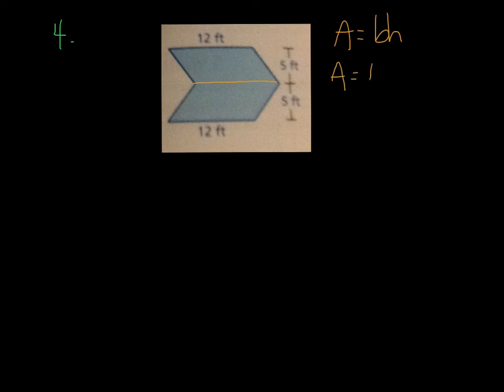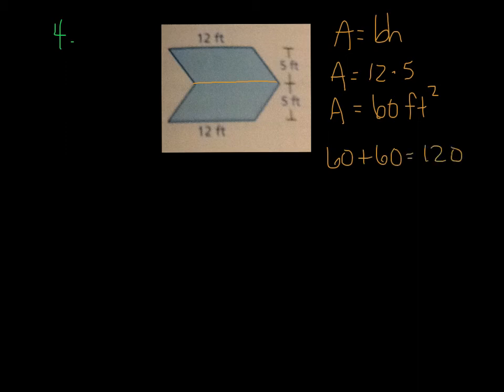Base times height. My base is 12. My height is 5. 12 times 5 gives me 60, and this is feet squared. Now if we're going to double this, we would just say 60 plus 60 equals 120.